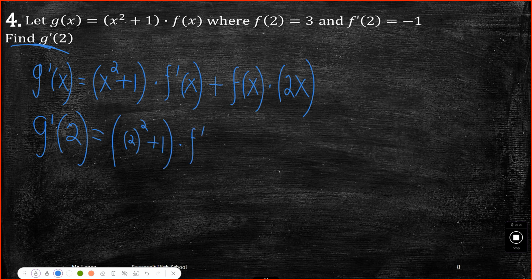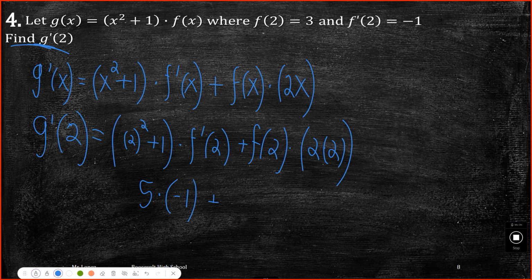Plus f prime at 2 plus f of 2 times 2 times 2. 5 times f prime at 2. F prime at 2 is negative 1. F of 2 is 3. Negative 5 plus 12 is 7. Yes? Good?